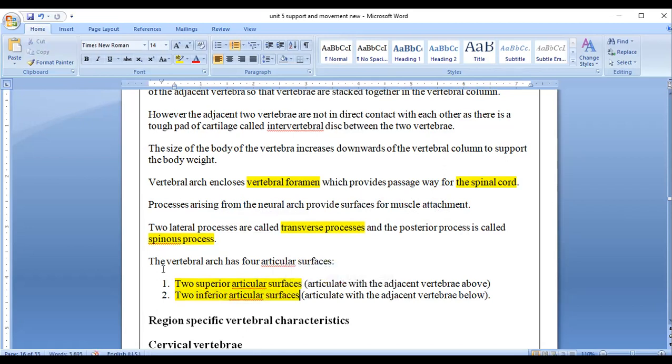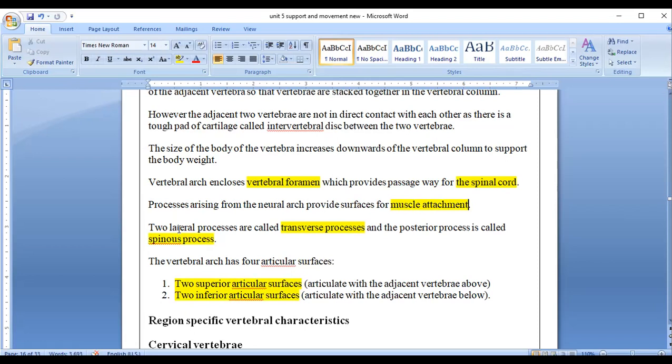Among these, the transverse processes and spinous process are for muscle attachment. The superior articular surface will articulate with the inferior articular surface above it. Understood?